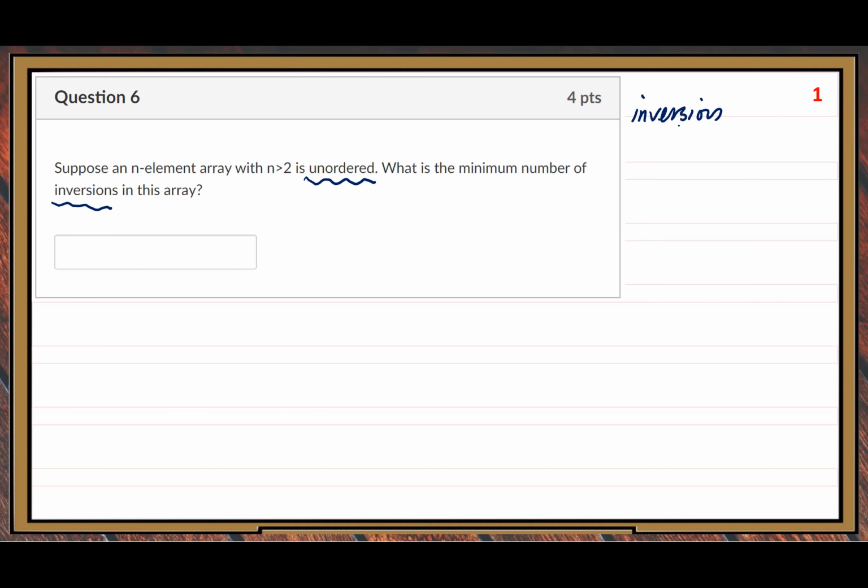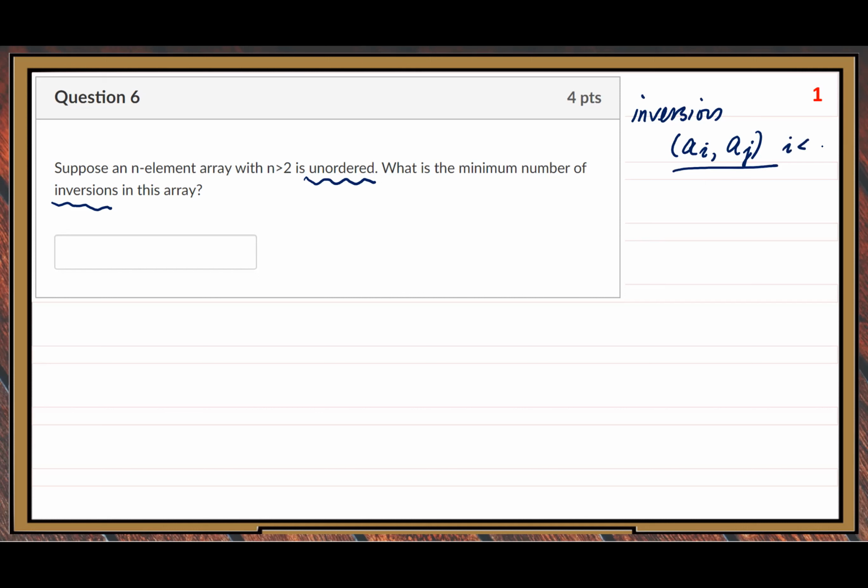So basically, when we talk about inversion, we look at a pair of 2 elements in the array. We take 2 elements from the array using their natural order.